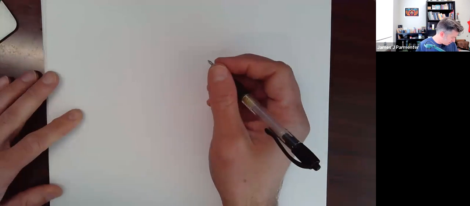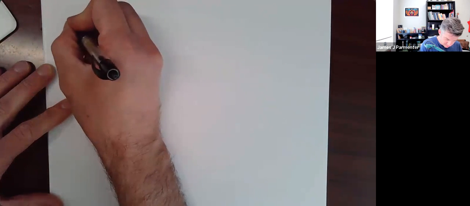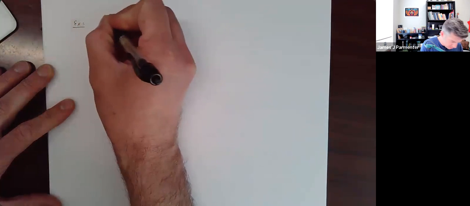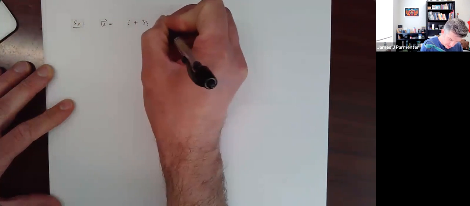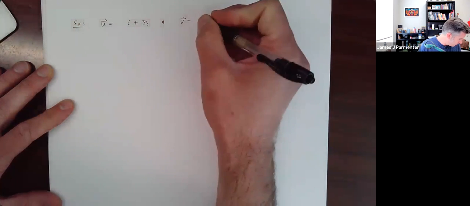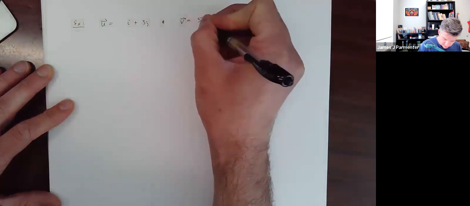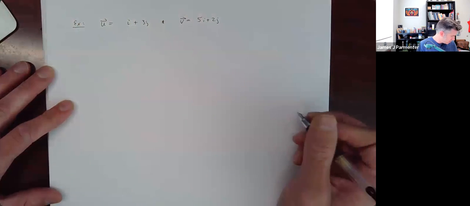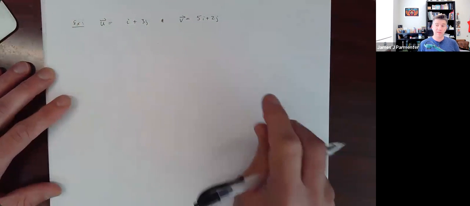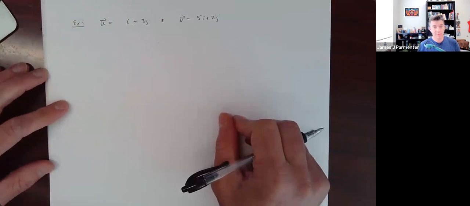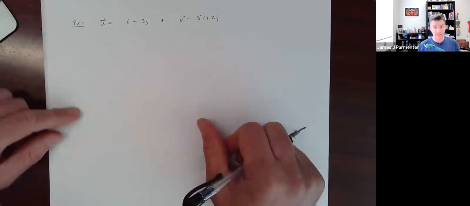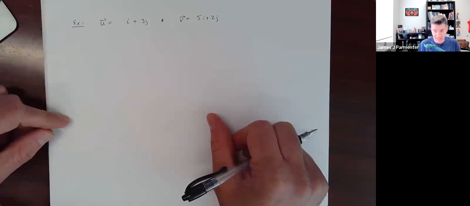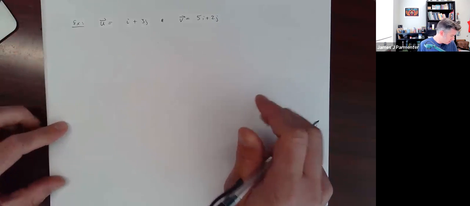So let's look at some examples. Let u equal i plus 3j and v equal 5i plus 2j, the same vectors we were looking at before. So both u and v are in the xy plane. To get a vector that is perpendicular to both of them, it'll have to point outward of the xy plane in the z or the k direction.